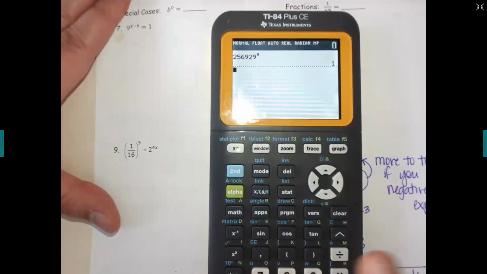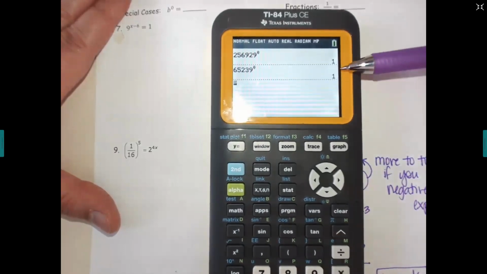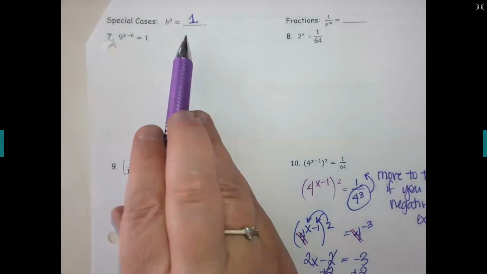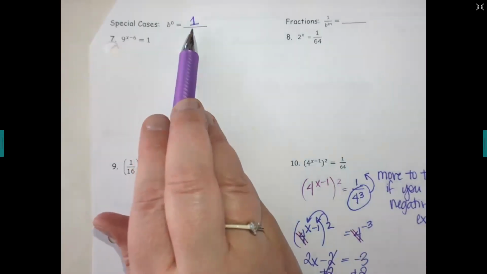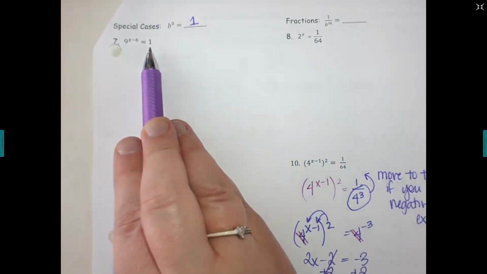That's a special rule about 0 in the exponent, it always gives you 1. Okay, you can type in whatever number you want. If you put it up to the 0, it's always going to give you 1. So knowing that that's the case, go ahead and fill in any base to the 0 is always 1. If I need my equation to equal 1, that means I can use whatever base I want as long as I put a 0 up top.